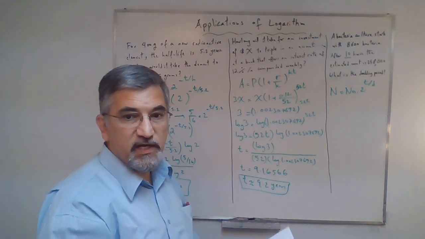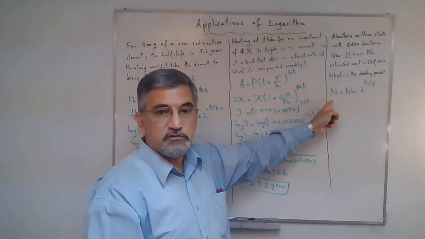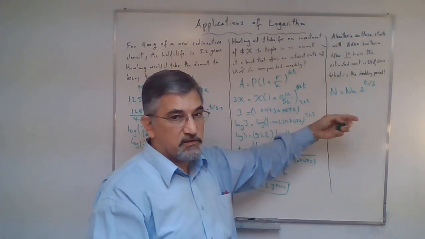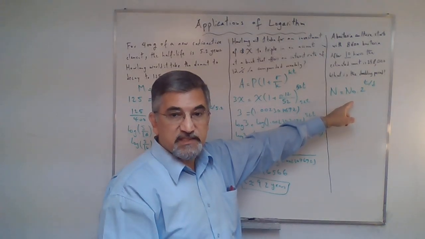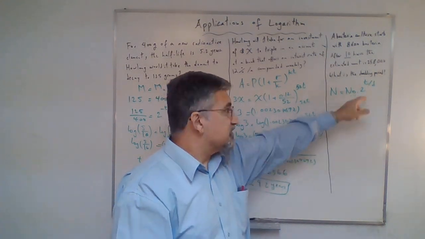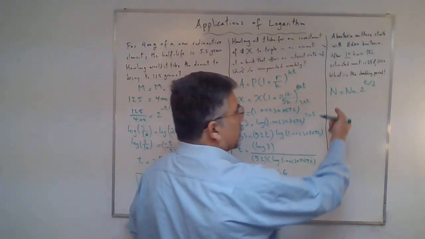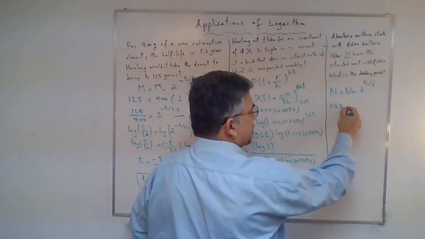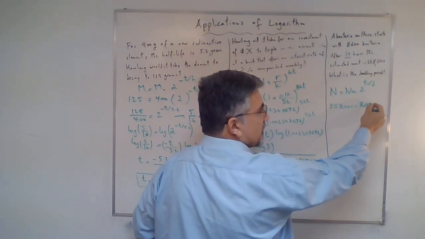Once again, I'm going to introduce every single letter in the formula. N stands for final number of bacteria in the culture, or final number of cells in a biology lab. N sub 0 is the initial number of cells or bacteria. T stands for time elapsed, and D stands for doubling period. So we know the final amount is 258,000, and the initial number is 8,600.